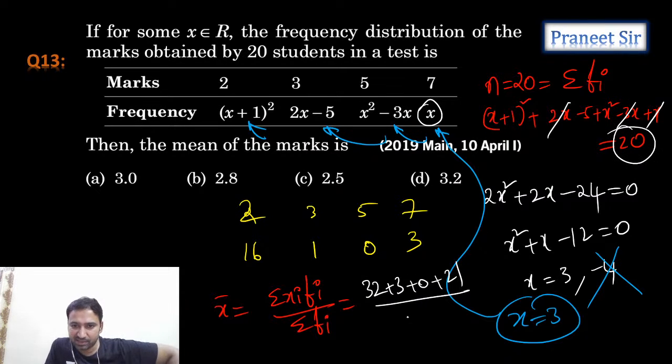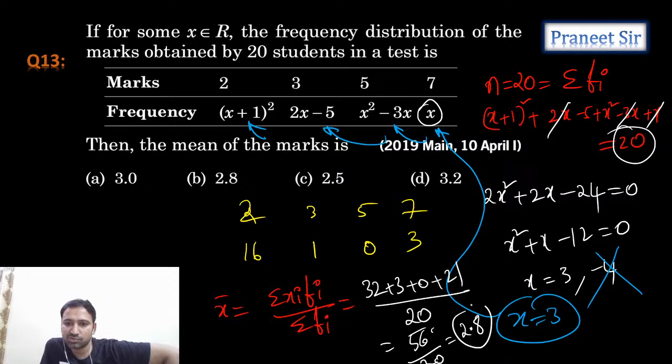Sigma fi we already calculated, 20. So tell me how much we get. 32 plus 3 is 35. 35 plus 21 is 56. 56 by 20. Is it 2.8? Yes, 2.8 is the answer. Option B is the answer.